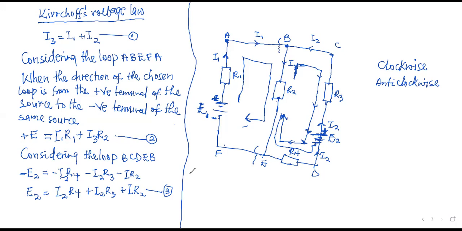Whichever direction you want to go, you can. But do not forget to apply the rules. So I could have gone anti-clockwise in the second loop and then in the first loop. You are free to choose whichever loop you want to go, but you must understand the rules of the game and apply accordingly.